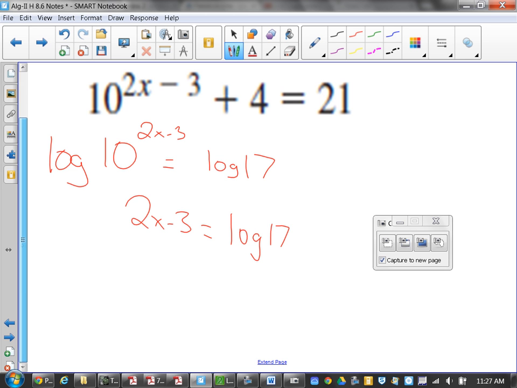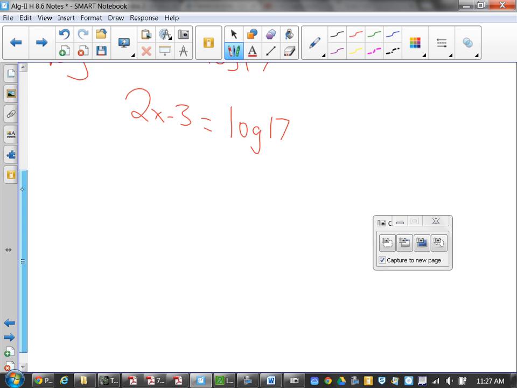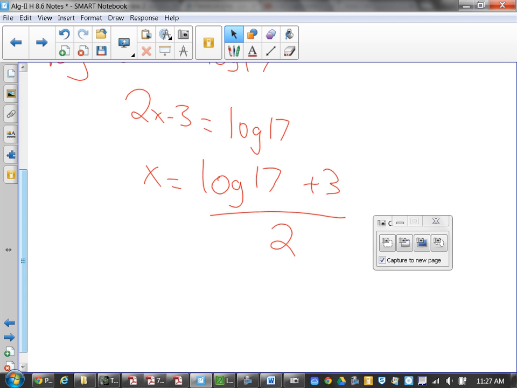In order to solve for x here, you have to add 3 and divide by 2, right? So x equals the log of 17 plus 3, all over 2. Now, take a look at your calculator. Do you have to press base 10 on this one, or do you just press log?